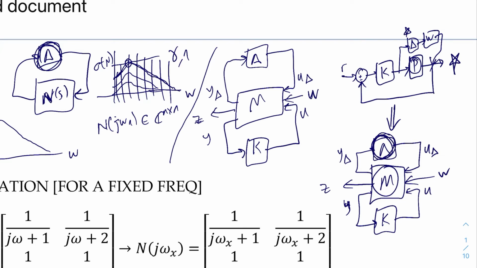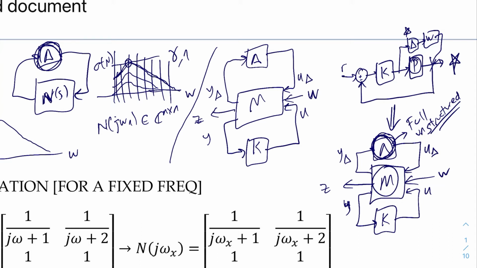I mean, it can be full delta. When we say full, we mean unstructured. In that case, if we have quote unquote full or unstructured uncertainty, the problem would get much easier.